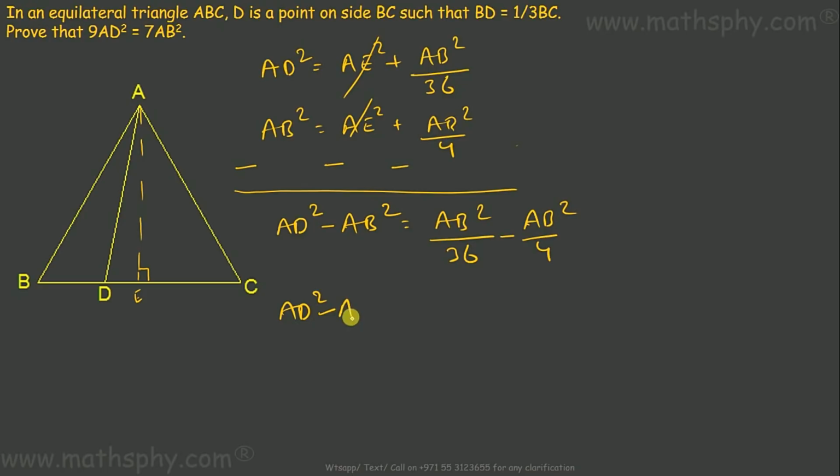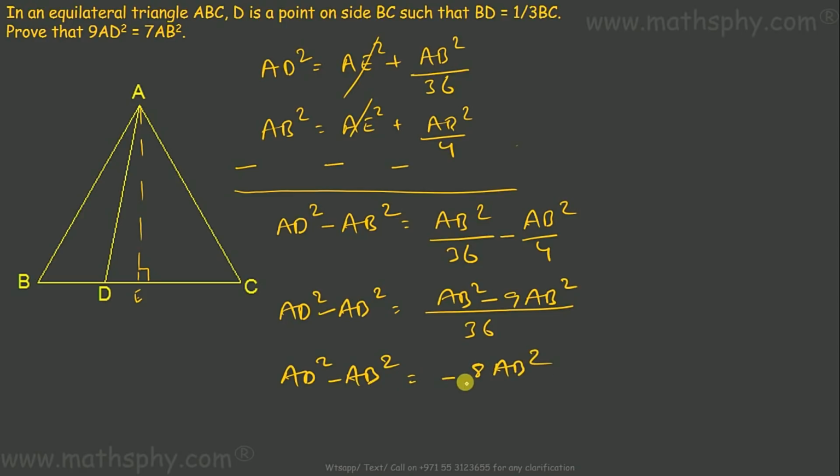Okay. AD square minus AB square equals AB square minus 9AB square over 36. This gives me AD square minus AB square equals negative 8AB square over 36.